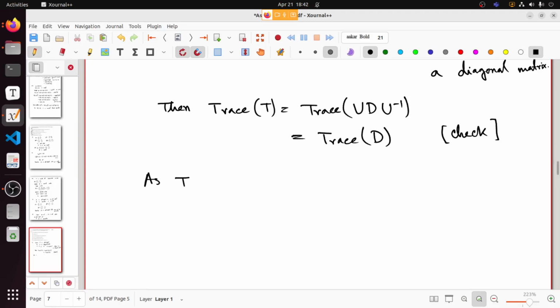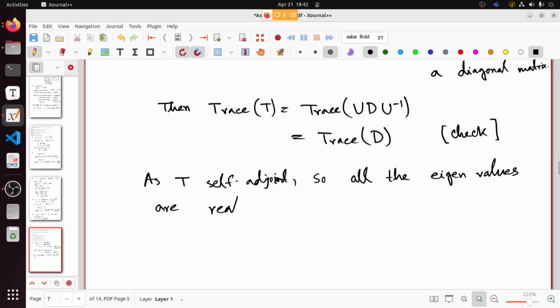As T is self-adjoint, all the eigenvalues are real, and D consists of the eigenvalues, right? So let's say lambda 1 up to lambda n, these are all real numbers.